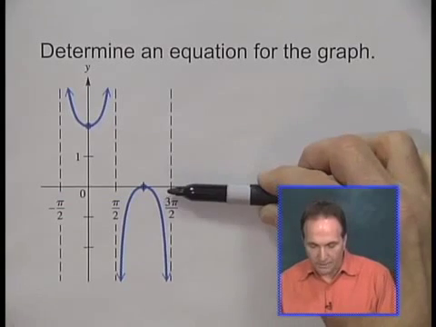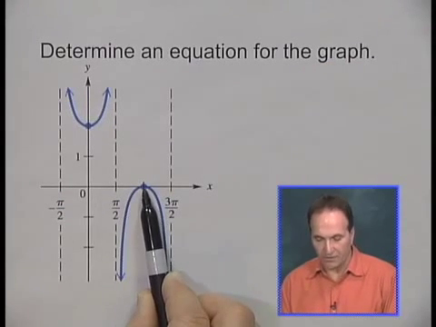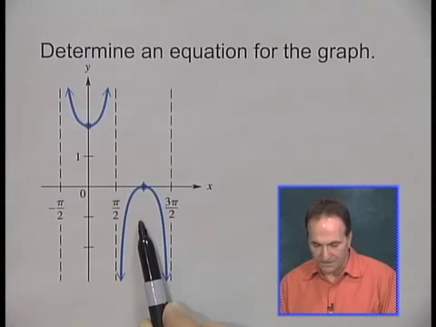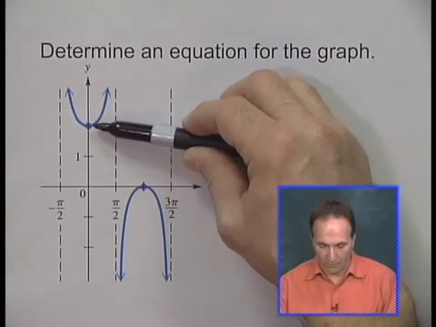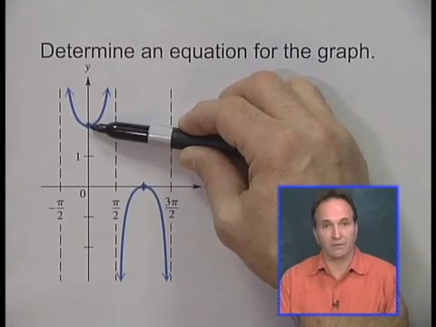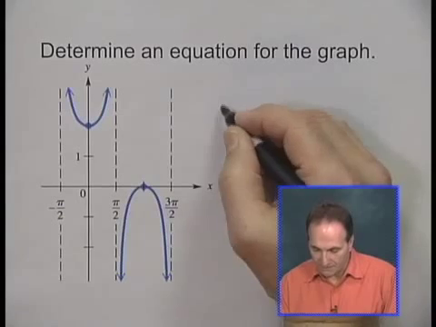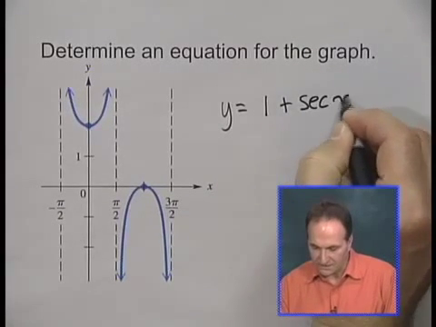But it's also been translated up 1 unit because you can see here it's touching the x-axis when normally it would have been down here at -1. And this one, of course, instead of going through 0, 1, it's going through 0, 2. So we've translated it up 1 unit. And so that means it's simply y equals 1 plus secant of x.